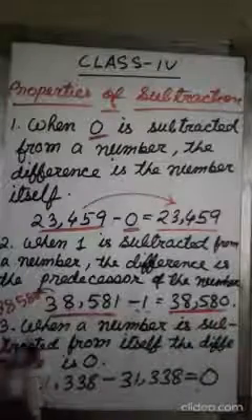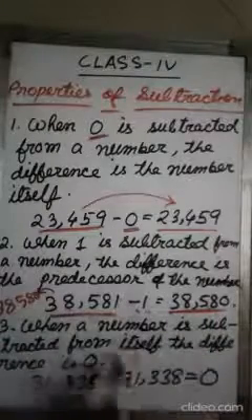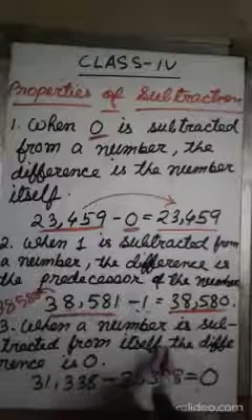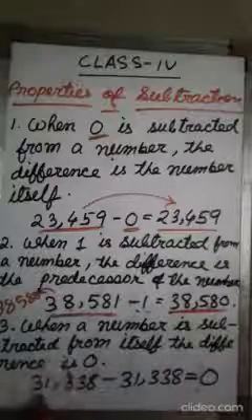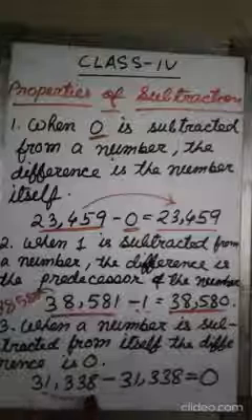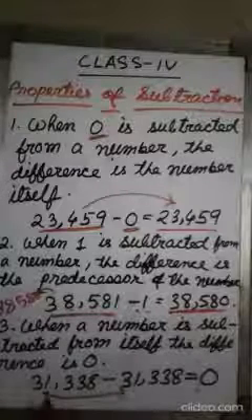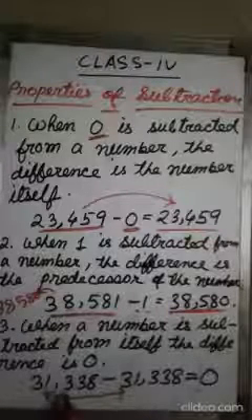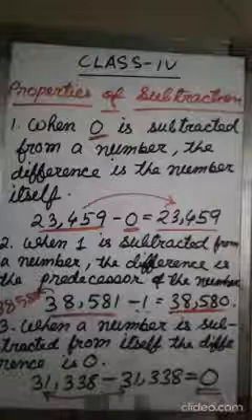Number 3, when a number is subtracted from itself, the difference is 0. So if I subtract the same number from a number, the result is 0.